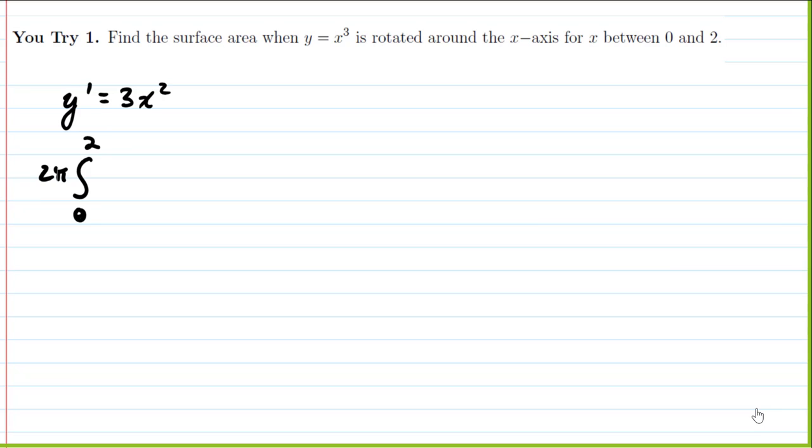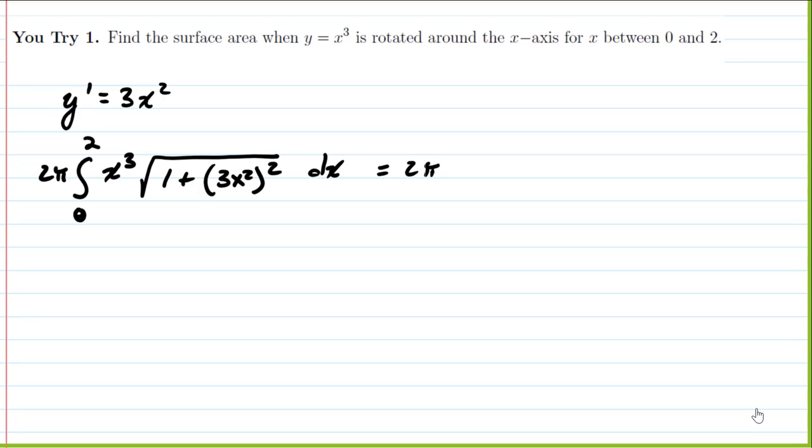So 2 pi y is x cubed, times 1 plus our derivative squared, 3x squared, dx. Simplifying this a bit, we still have the integral from 0 to 2 of x cubed times 1 plus 3x squared.